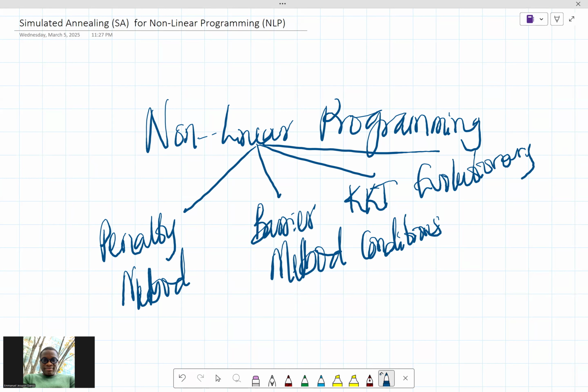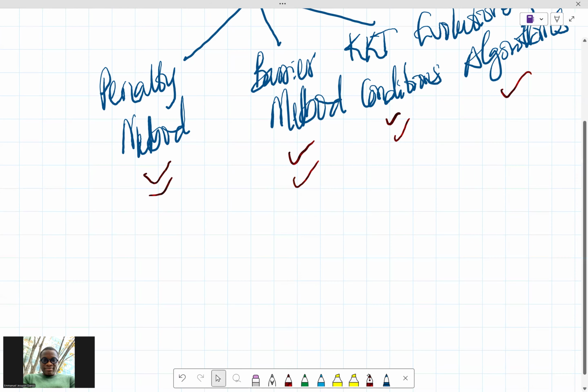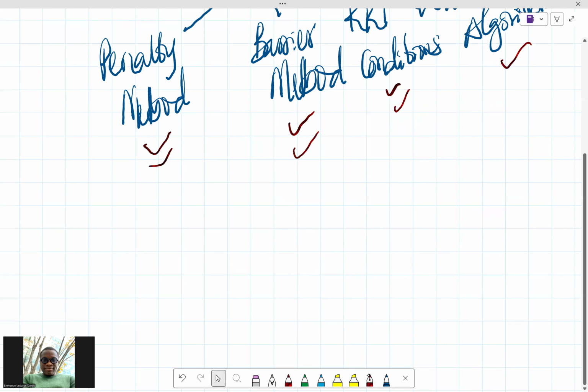Evolutionary algorithms. Since we have already dealt with the penalty method, the barrier method, and the KKT conditions, we are going for evolutionary algorithms now. We're going to consider five of them in all.